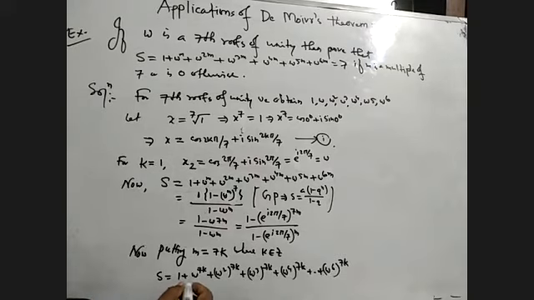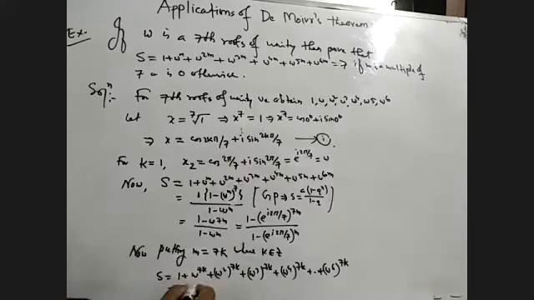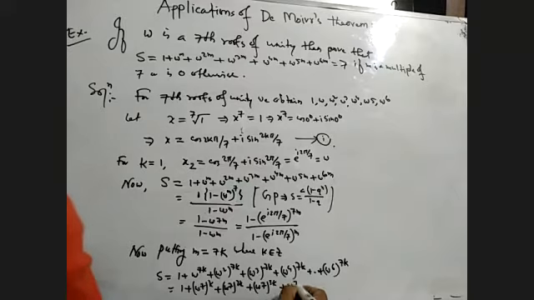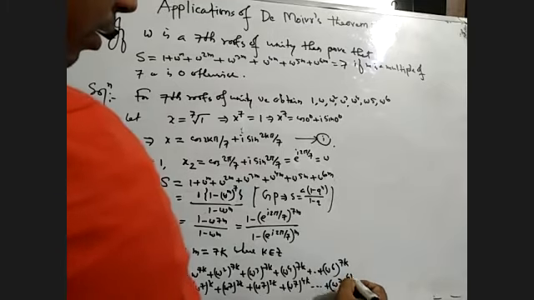So omega 7 equals 1 plus omega 7 to the power k, omega 7 to the power twice k, omega 7 to the power thrice k, omega 7 to the power 4k, and in this way omega 7 to the power 6k.